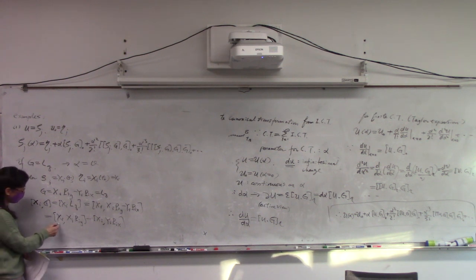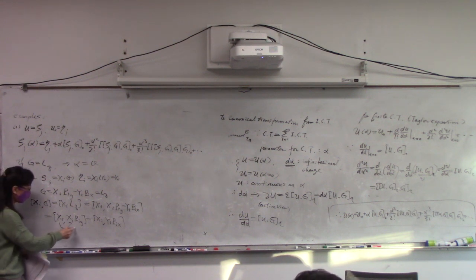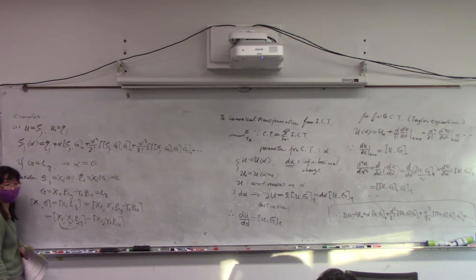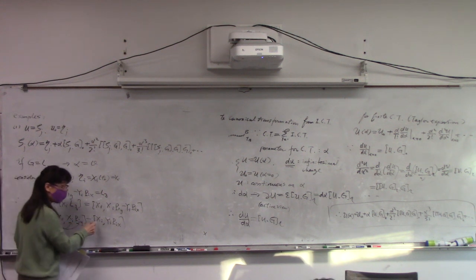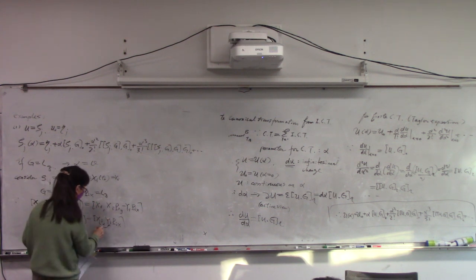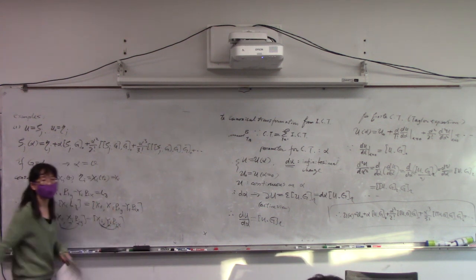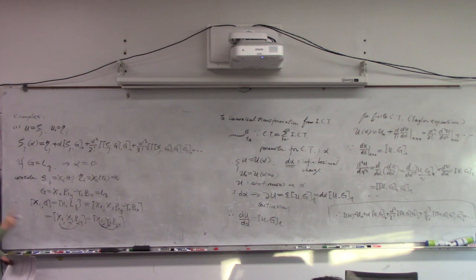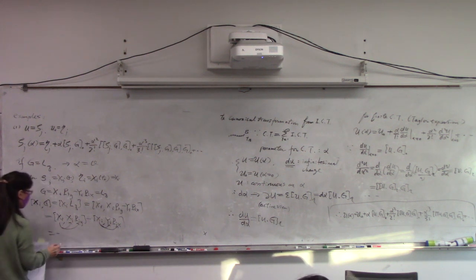And here we know the Poisson bracket X_i with X is 0, right? X_i with P_i Y is also 0, right? So now only the non-zero is here. X_i with Y_i is still 0, right? X_i with P_i X, that is 1, right? Minus 1. Minus, okay.